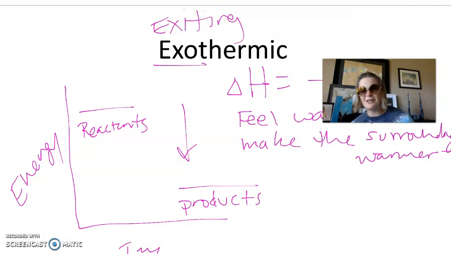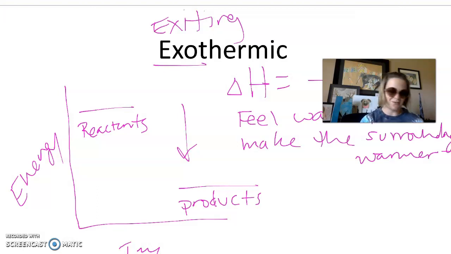I want you to picture burning something, a combustion reaction. You're sitting by the campfire, hopefully some of you are doing that, and it feels warm. What type of reaction is that? You're a part of the surroundings, so that combustion reaction is giving energy off to you.